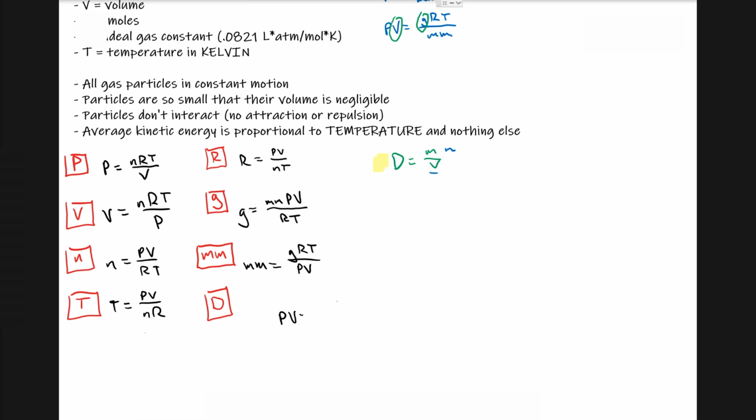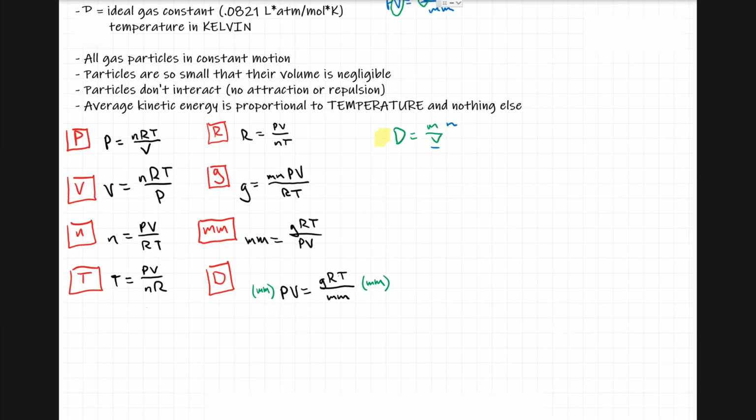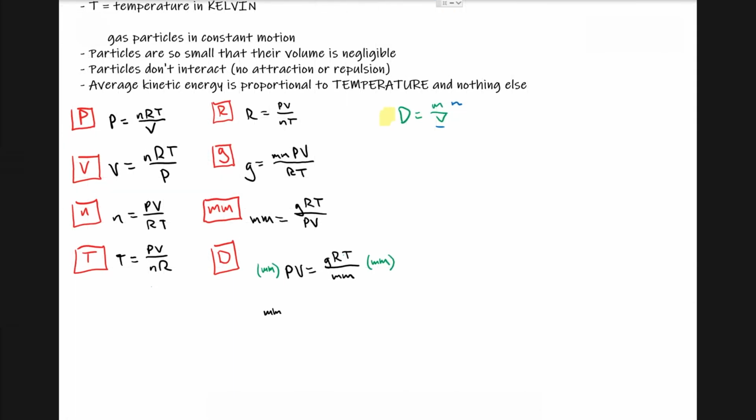So PV equals GRT over MM. Okay. In order to isolate everything on the same side of the equation, let's go ahead and scoot molar mass over to this side like we've done many times before. So that will give us MMPV equals GRT.